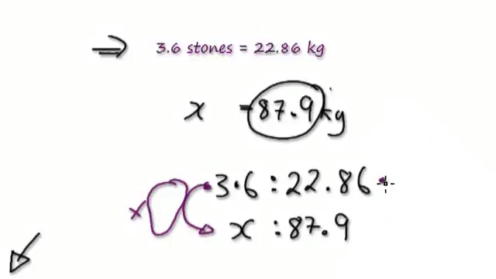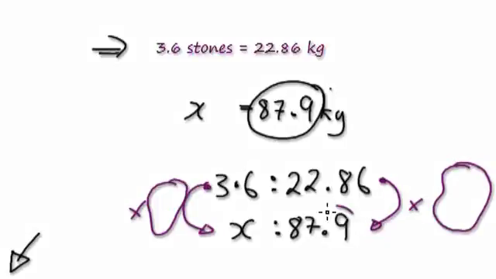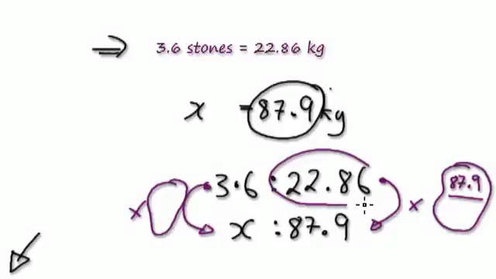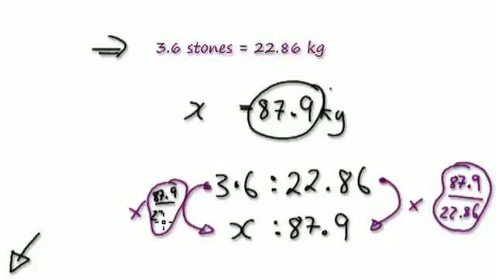To work out the multiplier, it will be the destination, 87.9, divided by the original, 22.86. To work out x, just get this times this multiplier.